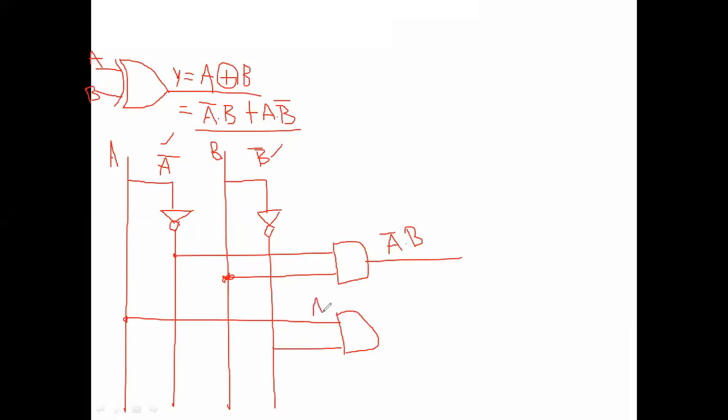Here this is A, this is B bar. So what is the output here? A dot B bar.